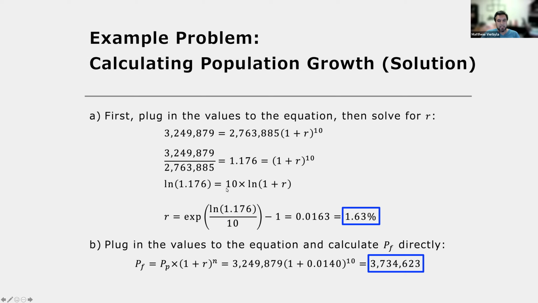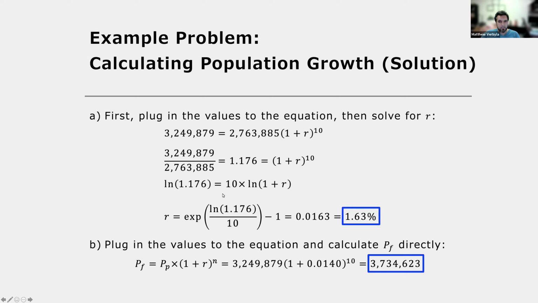So we have 10 times the natural log of 1 plus R. That's an algebraic simplification of 1 plus R raised to the 10th. If we take the natural log, it becomes 10 times the natural log of 1 plus R. Okay, so that leaves us with the following equation, and we're still trying to solve for R.